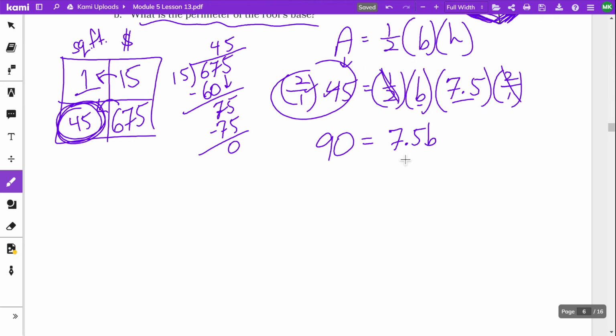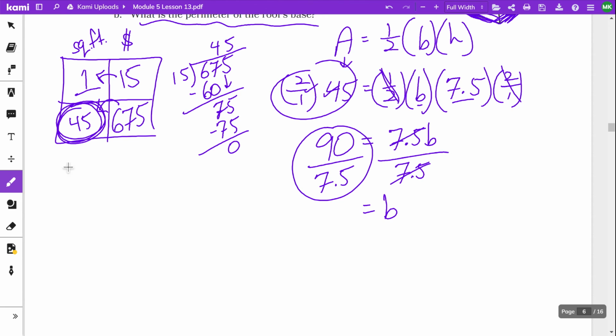Now I'm left with 7.5b. Here I'm going to divide each side by 7.5, and I'm going to be left with my value of b, which is that base. I can't divide by a decimal, so I'm going to multiply both of these by 10, turning 90 into 900 and 7.5 into 75.